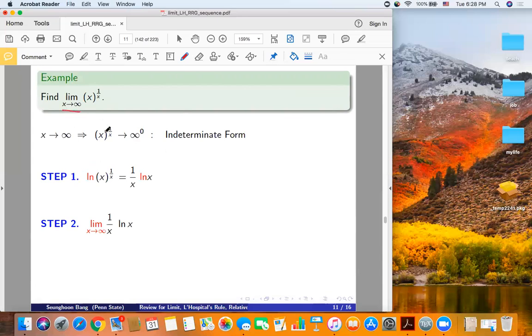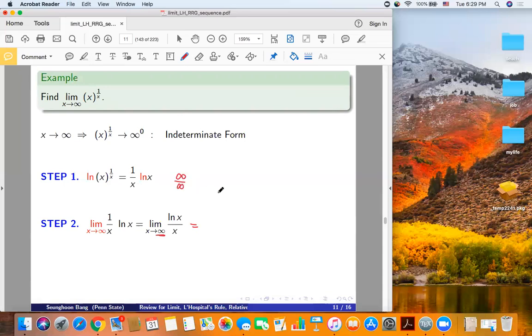The next step, take the limit as the x value approaches infinity of ln of x over x. So what is the answer? Do you know what ln of x over x is? Here, the x value is approaching infinity, you can plug infinity into the top and the bottom. The top is infinity, the bottom is infinity.